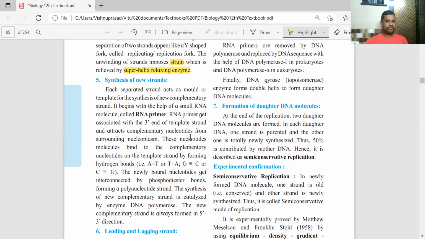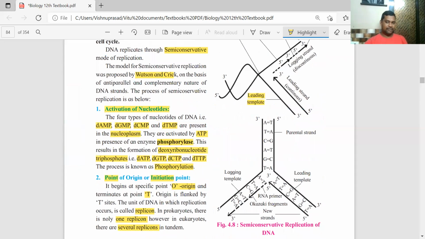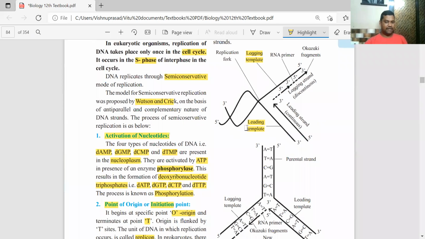So the beginning takes place with the help of a small RNA molecule called RNA primer. It will initiate. As you can see, this leading template has 3 prime in its strand, so the RNA primer comes and attaches in the 3 prime direction of the leading template.